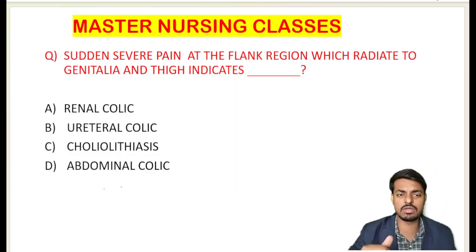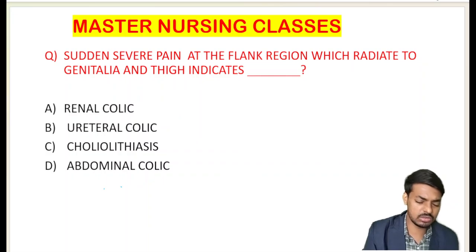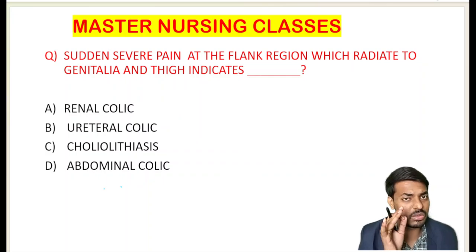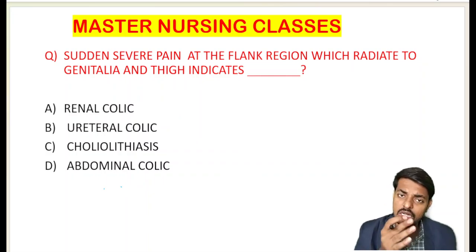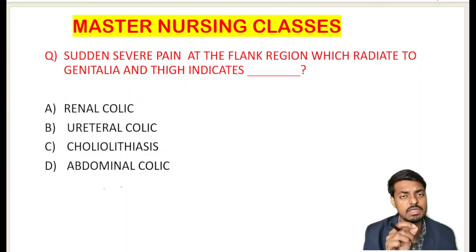Here is the first question for you all. Read the question carefully and try to answer. Students, there is one beautiful and golden concept in the assessment of pain occurring due to kidney problems. Here we will experience two kinds of pain: one is renal colic, one is ureteral colic. Two different pains we will experience in different situations, and I will explain that in this question.